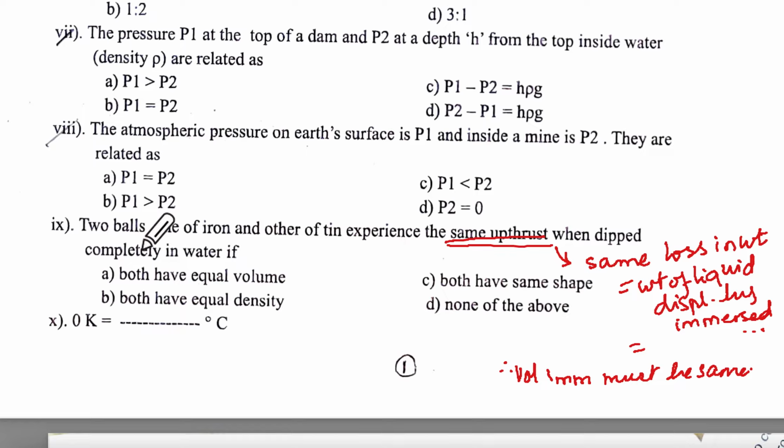If they are completely dipped in water, then volume immersed will be the volume of the whole thing, right? So both will have equal volume is the correct option. Understood? Yes, ma'am.